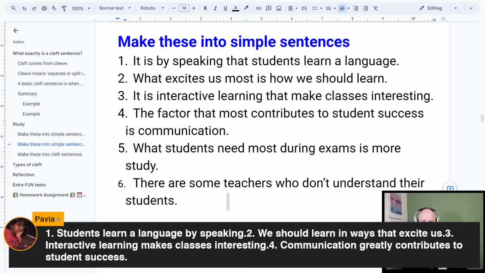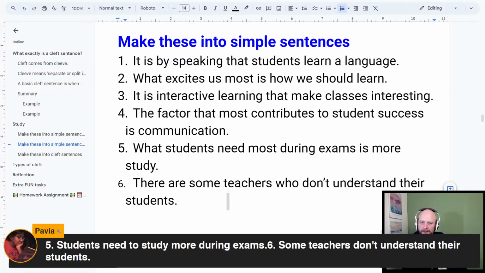Interactive learning makes classes interesting. Correct. Communication greatly contributes to student success. Correct. Great. Students need to study more during exams.